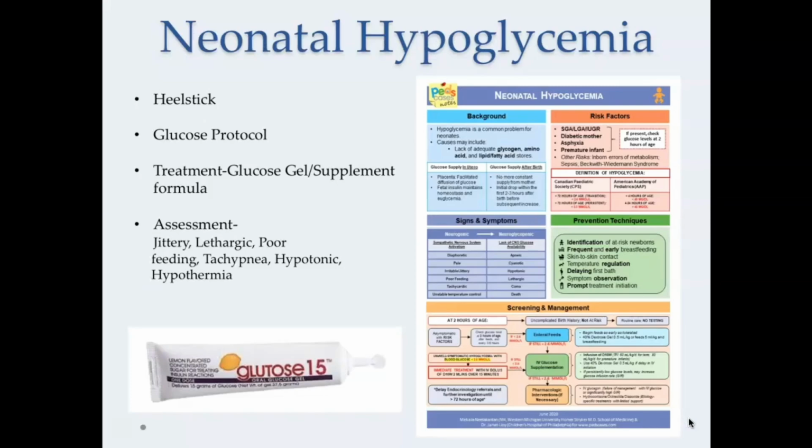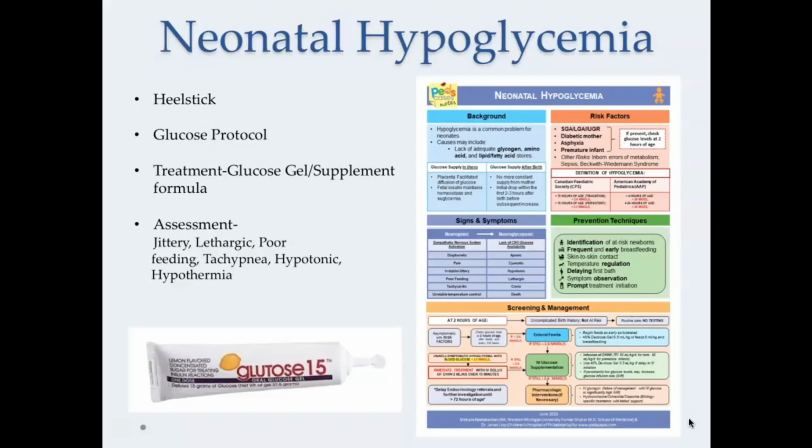So neonatal hypoglycemia is a huge issue. It is important because it affects brain function of the newborn. Babies can die from hypoglycemia, so you want to act early and act fast. It can also cause respiratory depression in newborns when they get hypoglycemic.